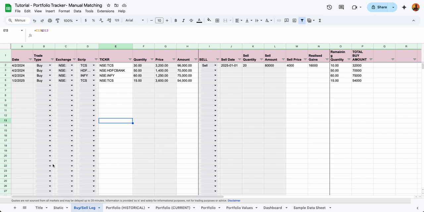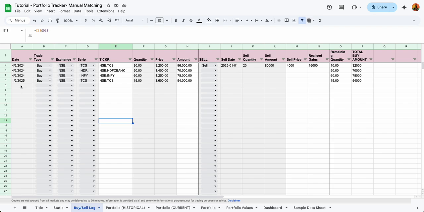And for simplicity's sake and for ease of use, you have to come and match your sell orders with the appropriate buying lot. What I mean by that is, if you look in here, I have bought 30 TCS stocks in April 2024 and I have sold 20 of them in January 2025. And this is something that I have done manually.